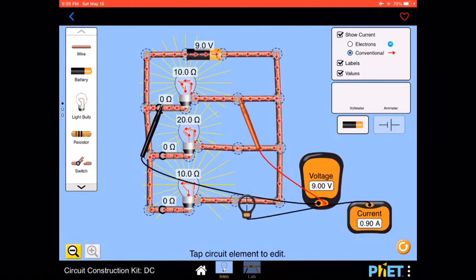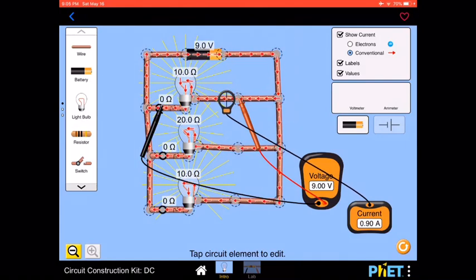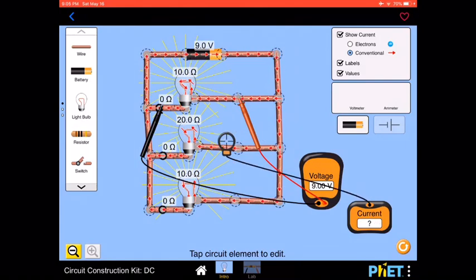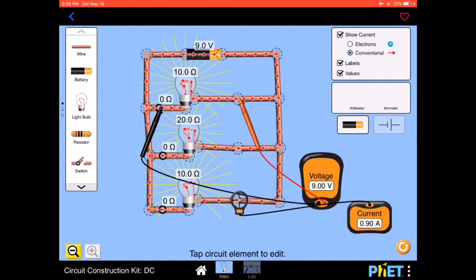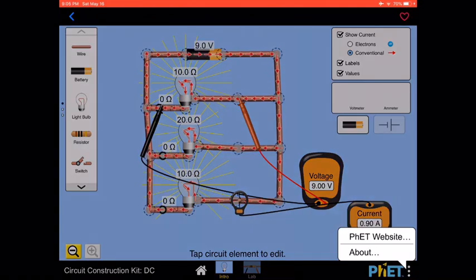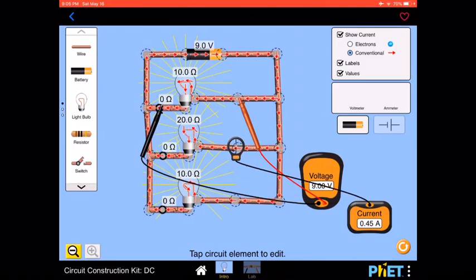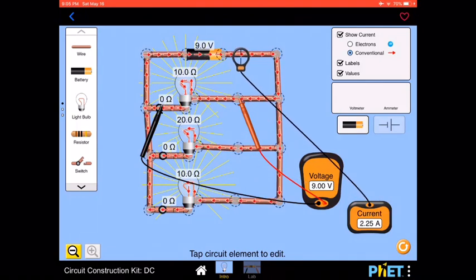And here I've done that, and what's it? 0.9. Right. So it's 0.9 plus 0.9, 1.8, plus 0.45. What does it give us? In total, it gives us 2.25. That's the circuit current.